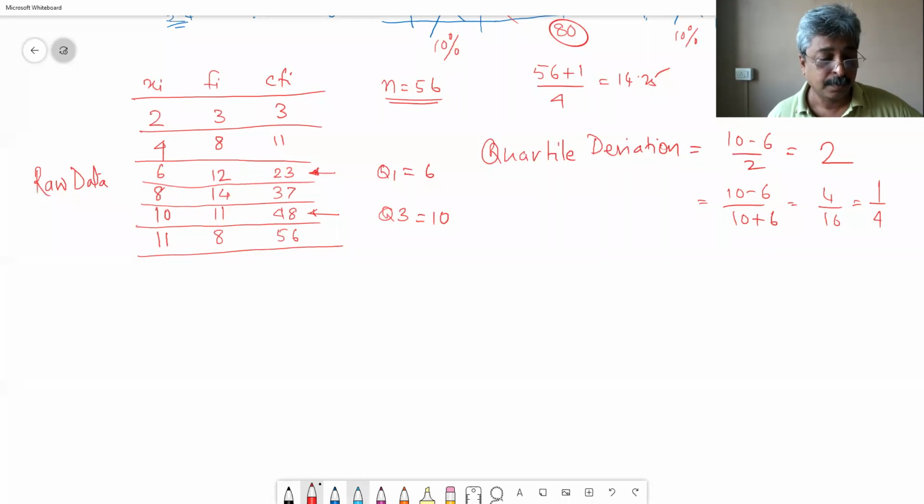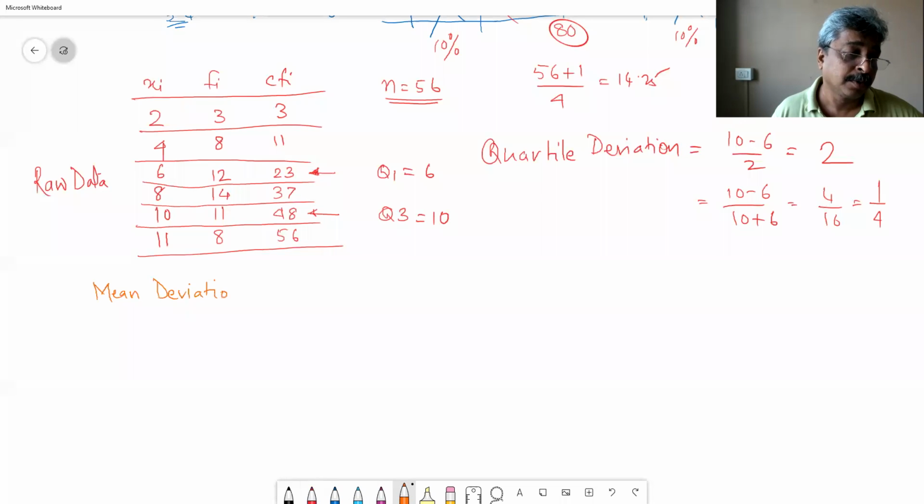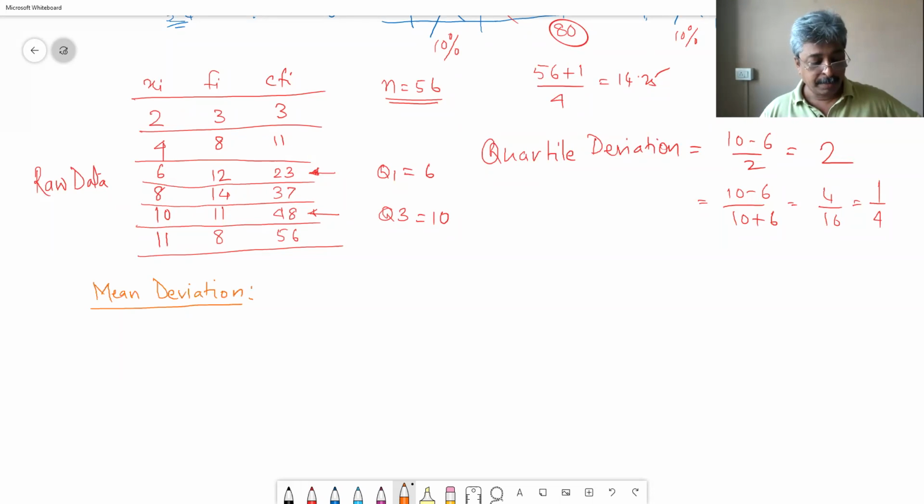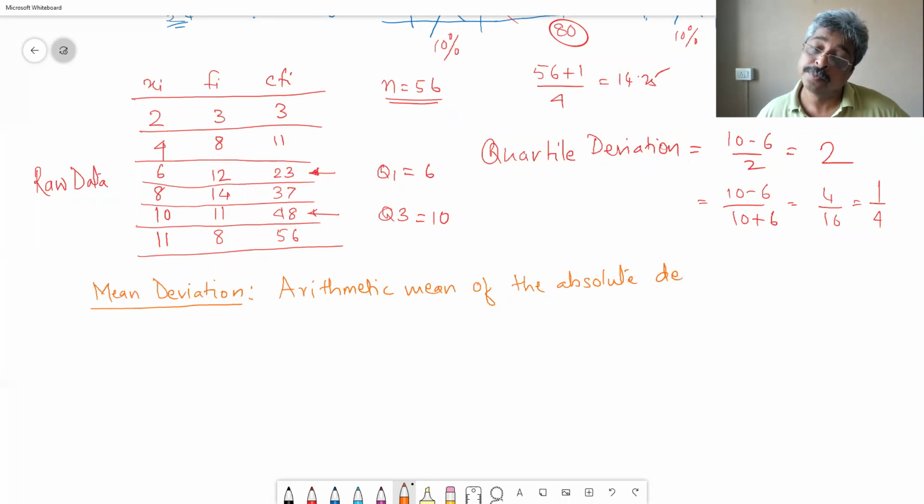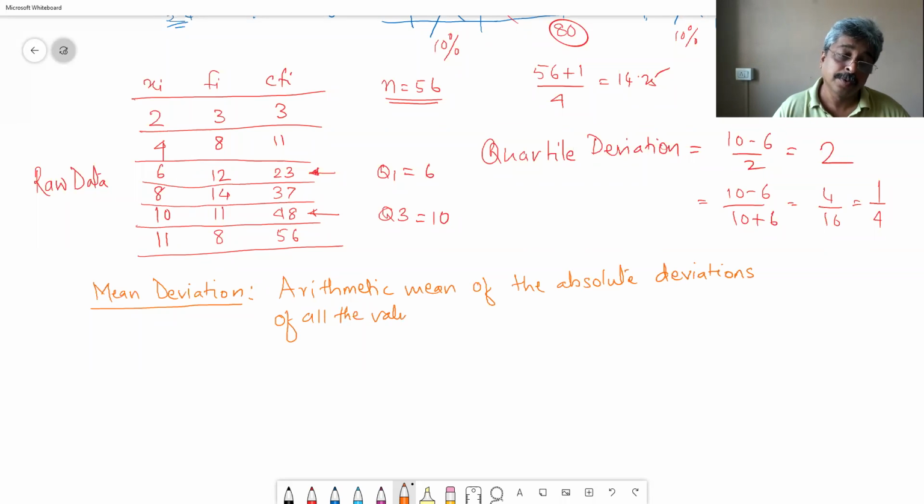Mean deviation. The arithmetic mean of the absolute deviations of all the values of the variate from the central value.